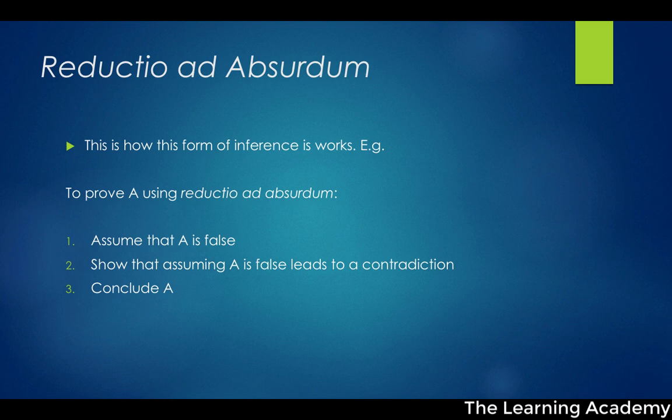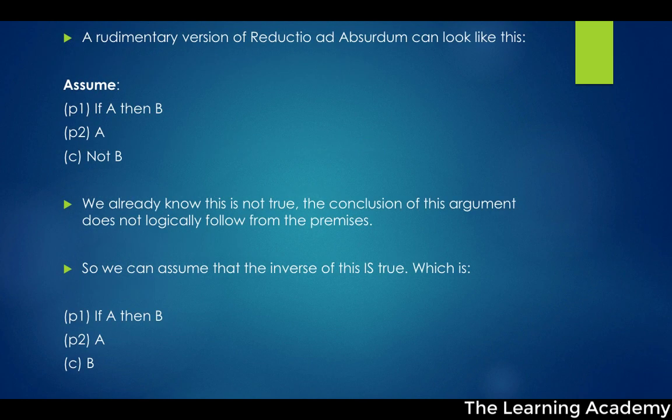Okay, so let's take a traditional modus ponens argument that we've already looked at earlier on, and we say if A then B, A therefore B. That's what the argument looks like. If we wanted to prove it through reductio ad absurdum, we could do this. So instead of saying if A then B, A therefore B, we would say if A then B, A therefore not B. We would make the conclusion the opposite of what it is.